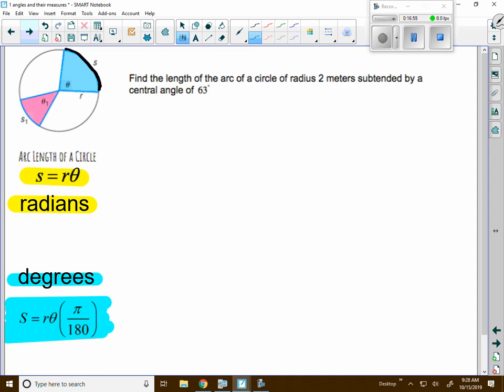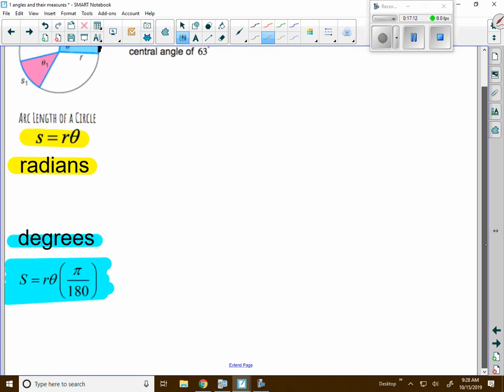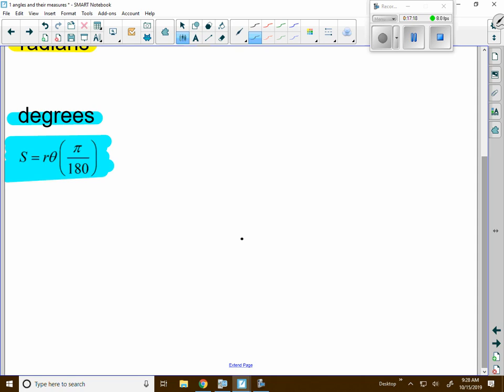In this particular example, you already have the radians equation written on your paper. Right under this radian equation, I need you to write the degree equation. This is if you're given degrees. So go ahead and write that right below the S equals R theta.